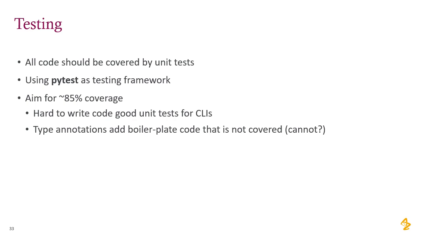I don't think we need to aim for higher than that, because it's hard to write good unit tests for the command line code and for the training code, for instance. And we also have type annotation that adds a lot of boilerplate code that is not covered, and I don't really know how to cover it with the unit test. But the important thing is that all non-trivial code should be covered by unit tests.